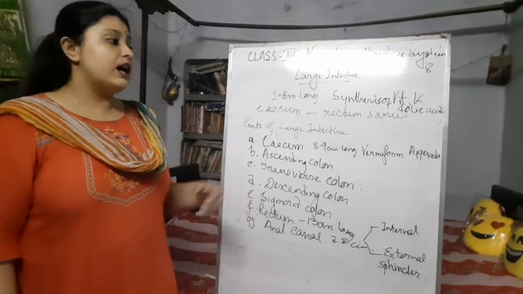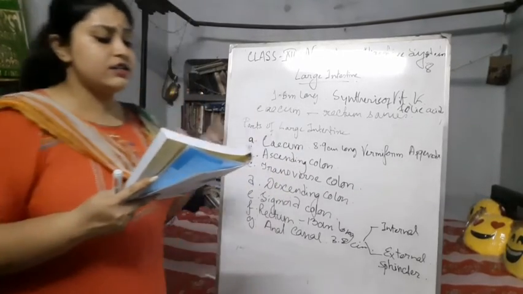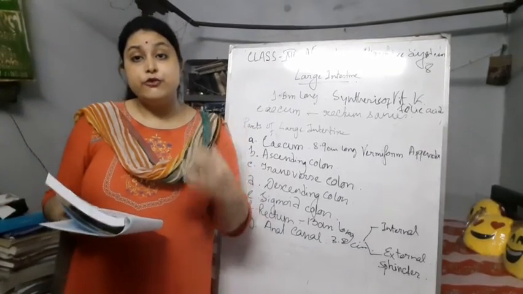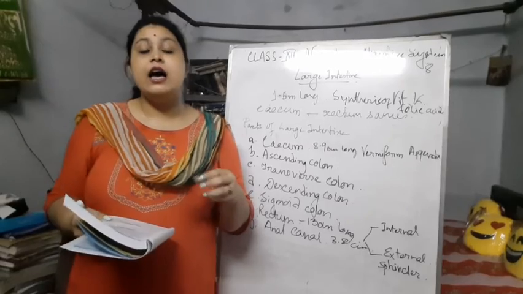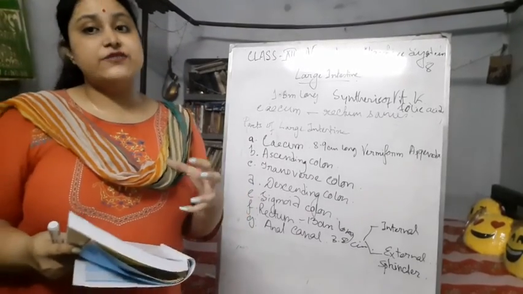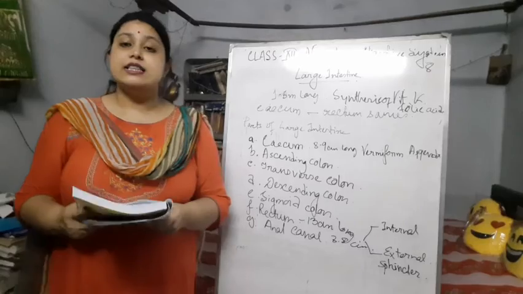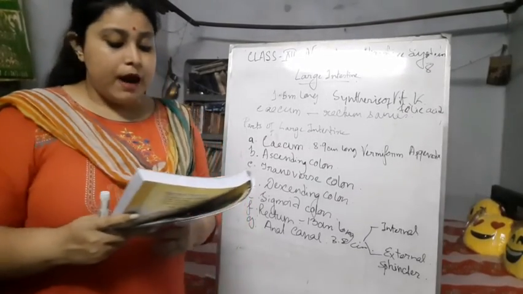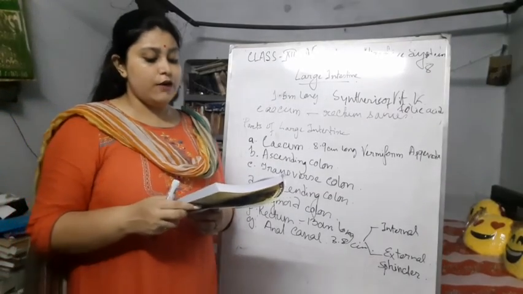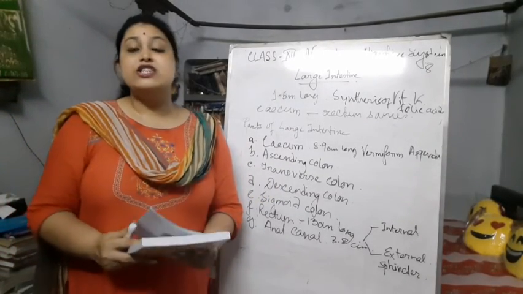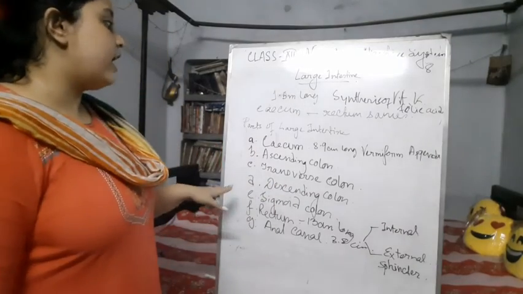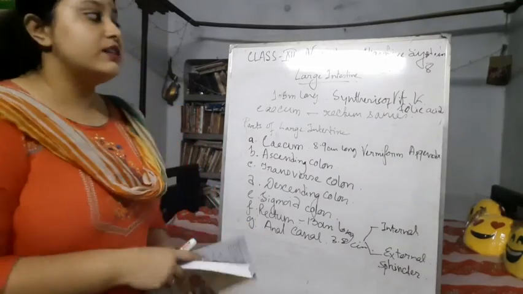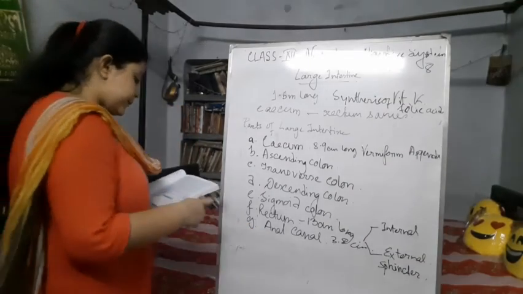When a strong peristalsis comes, the food materials stored in the rectum, the undigested food products and excretory matter, are removed from the body through the anal canal. This helps in defecation, the removal of undigested matter from the body. It is the main function of the last part of the large intestine, the anal canal.